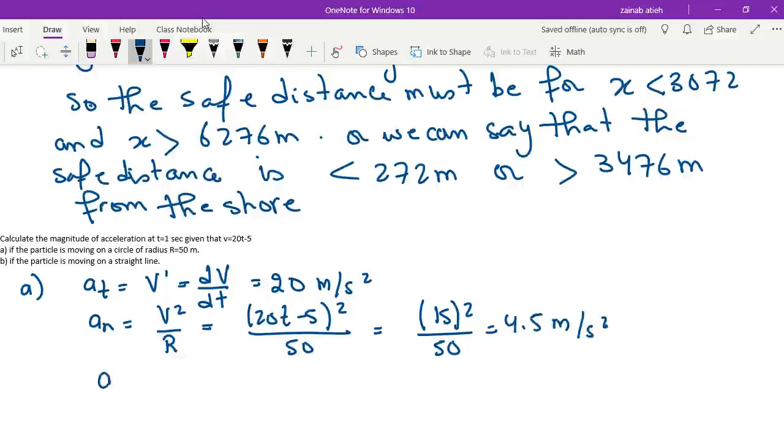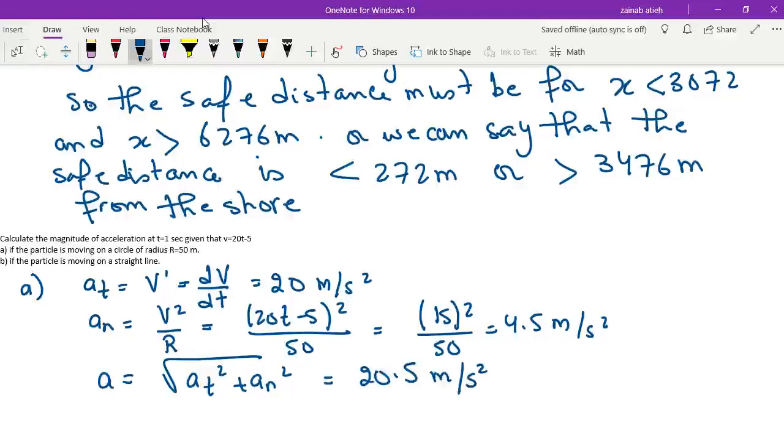Now I can find the acceleration, which is radical AT squared plus AN squared, which is equal to 20.5 meters per second squared.